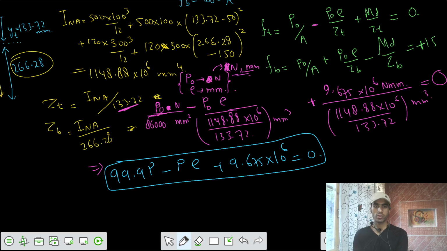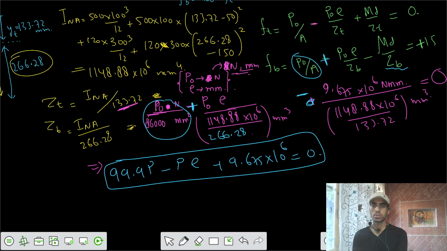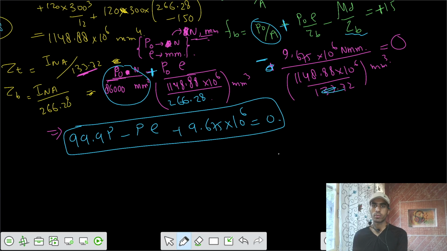And for the second condition we have to solve for that P naught by A. So this is P naught by A. After that we have to add plus P naught E by Z bottom. So for P naught E by Z bottom, we have to replace Z top with Z bottom. All the stuff is the same, we just need to change that 266.28 here. And the third one is M dead by Z bottom, and this is negative. So for Z bottom we have to change that 133.72 to 266.28.